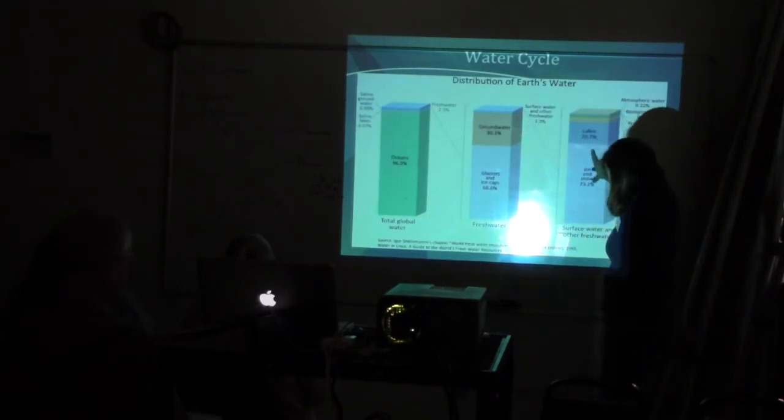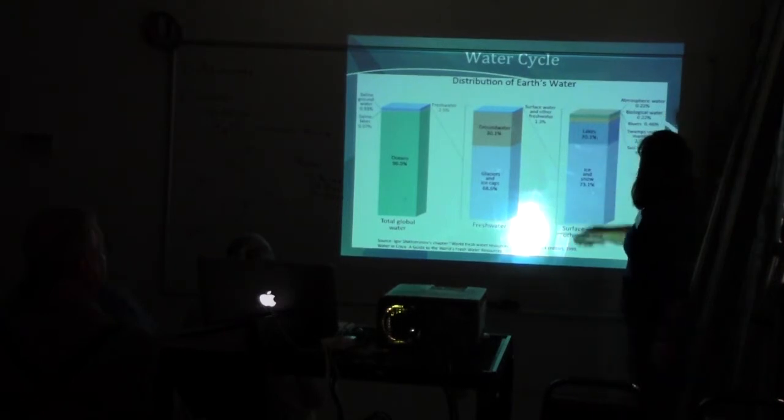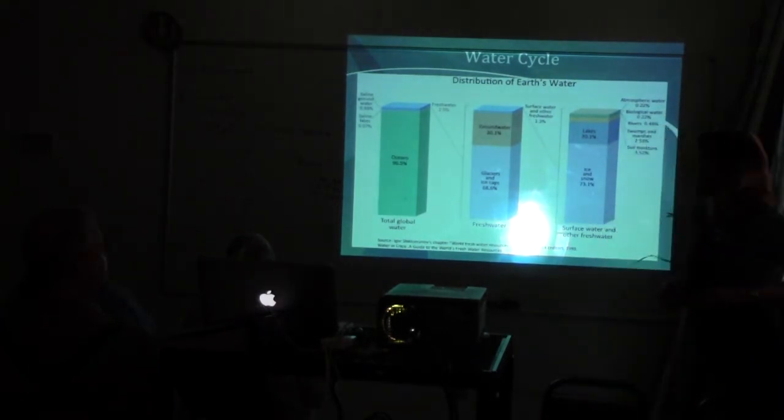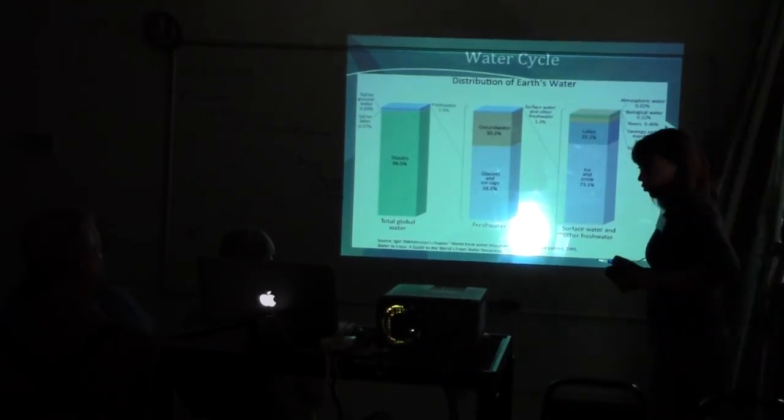Take that down over here. We have ice and snow, 73%, lakes, atmospheric water, biological water, rivers, swamps, marshes, soil moisture. We don't have just a whole lot of available water is the upshot. Clean, available water. Not much.